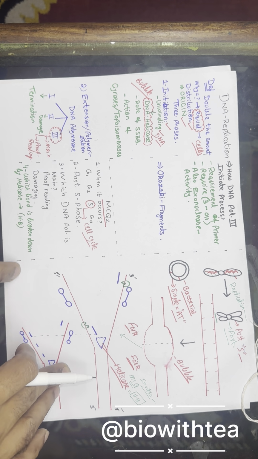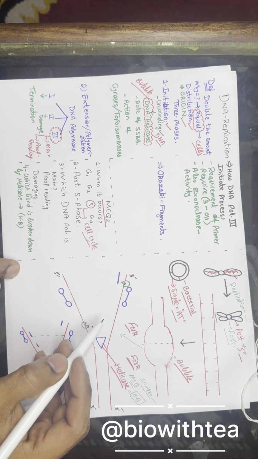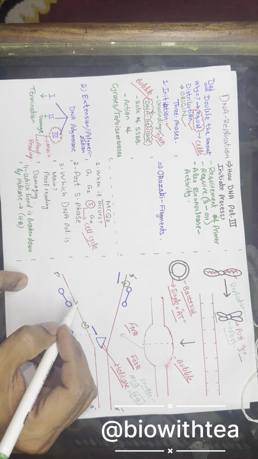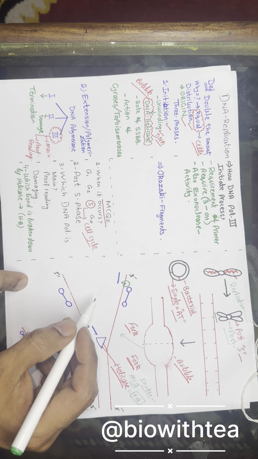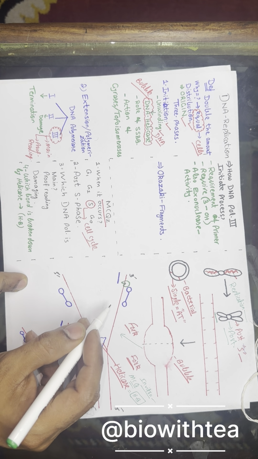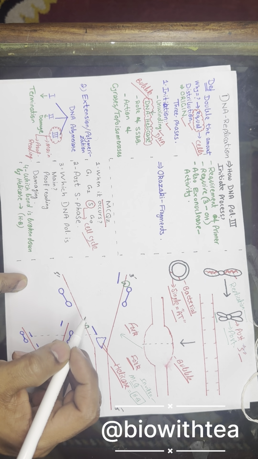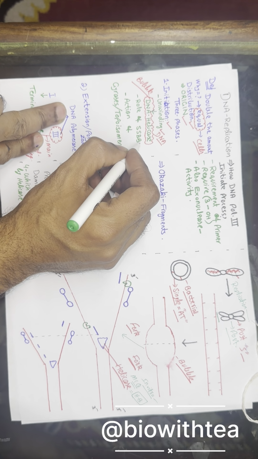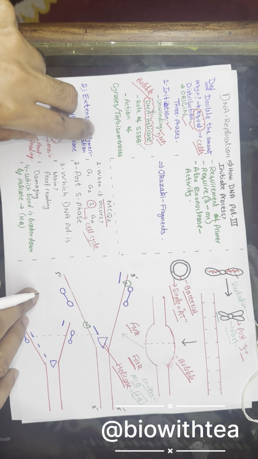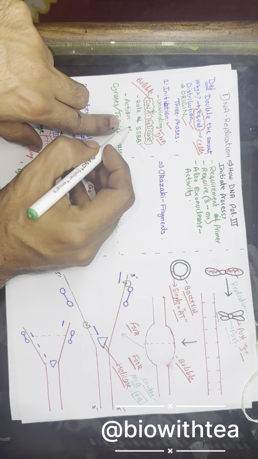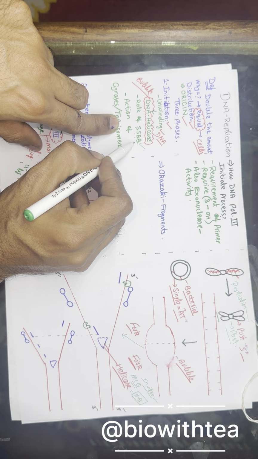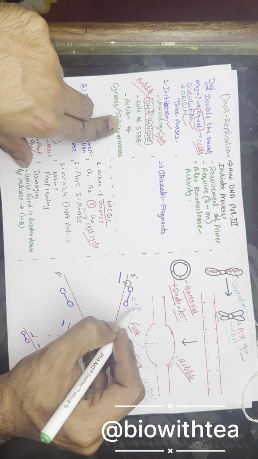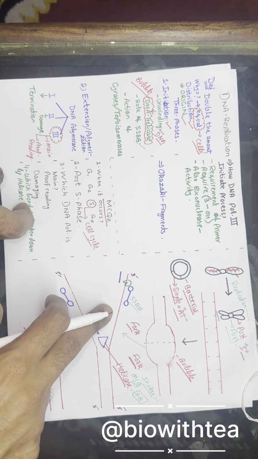In each replication fork, once the strands become separated, they must be kept apart from each other. But how is it possible? There are special types of proteins called single-stranded binding proteins. They perform two functions here.